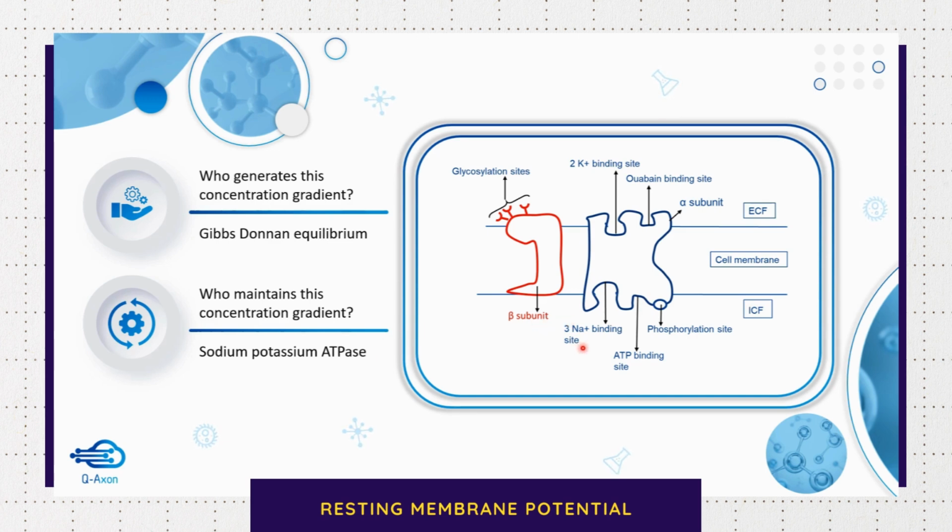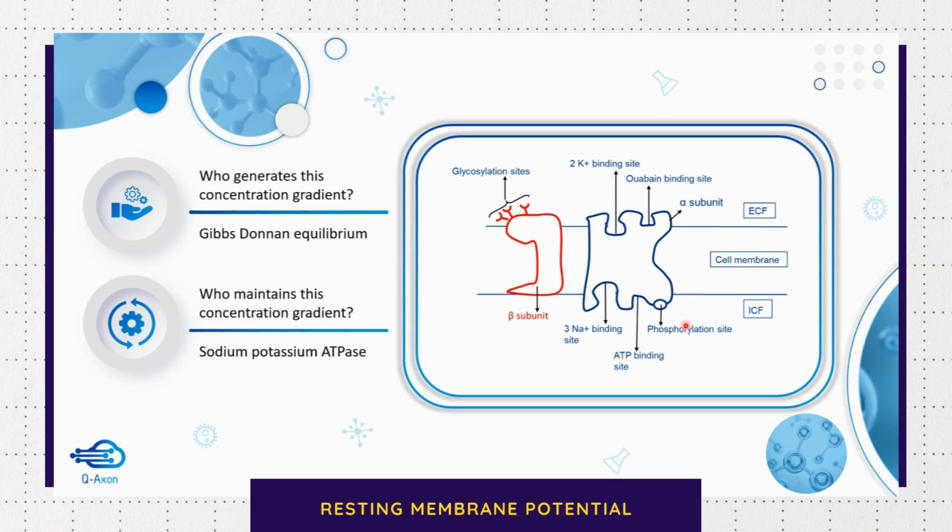Plus you see, because it works with 3 sodium ions and 2 potassium ions, there is a difference in the positivity. It is continuously throwing more positive ions from inside to outside and bringing in less positive ions. Only 2 potassium ions are brought from outside to inside.